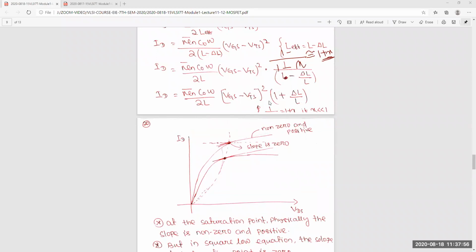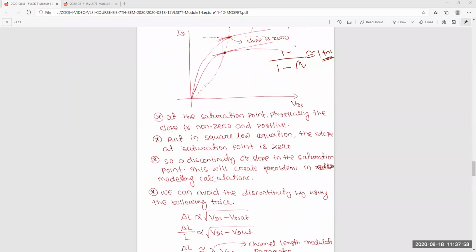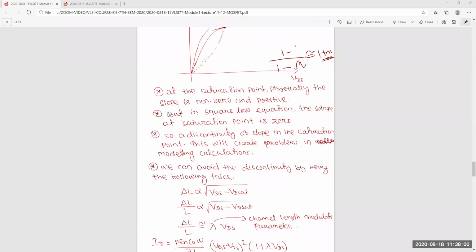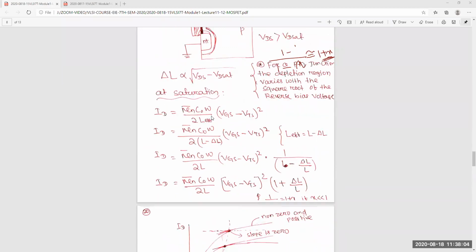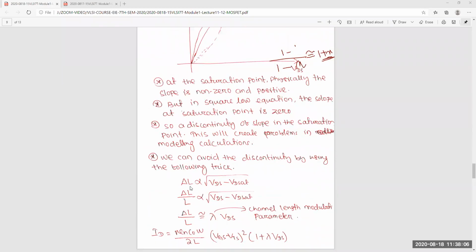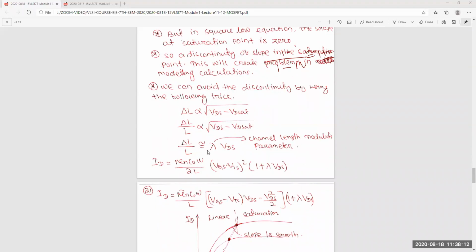Now we'll approximate this part to a channel length parameter. So we'll use these equations. Del L is proportional to VDS by VDSAT. Again, del L by L is also proportional to VDS minus VDSAT. Finally, we will approximate this to a parameter, lambda VDS.